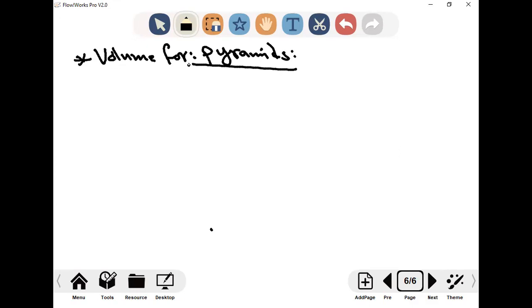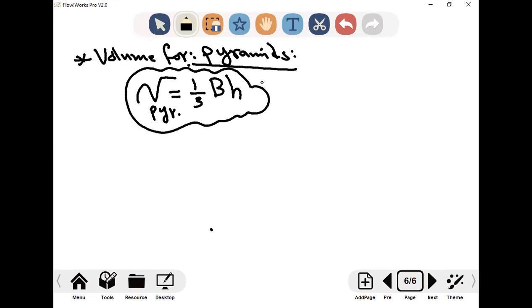To find the volume for any pyramid, follow this formula: 1/3 multiply big B multiply H. The big B is the same and the H is the same. What's the big B here? The base area. What's the H? The height of the pyramid.